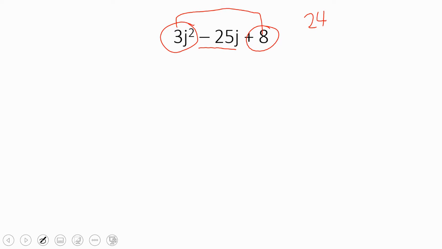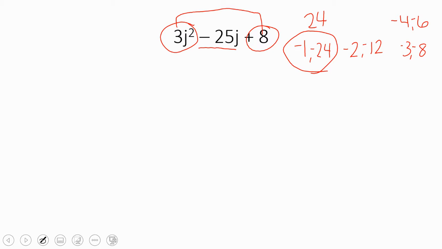So I have negative 1 times negative 24, negative 2 times negative 12, negative 3 times negative 8, or negative 4 times negative 6. Okay, so the two factors that add to give me negative 25 are negative 1 and negative 24.